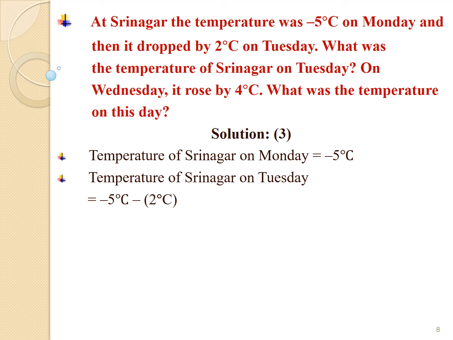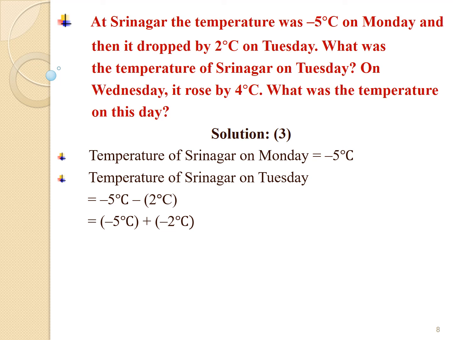Now, adding the additive inverse of 2 degrees Celsius, which is -2, to -5 degrees Celsius, we get -5 degrees Celsius plus -2 degrees Celsius.